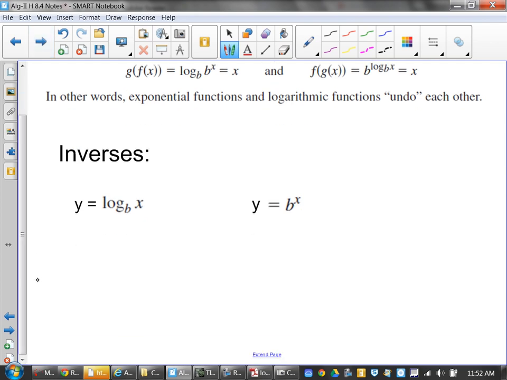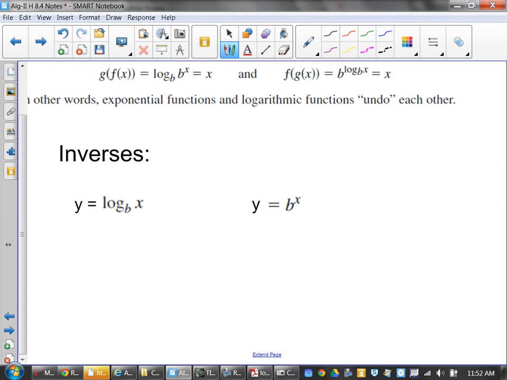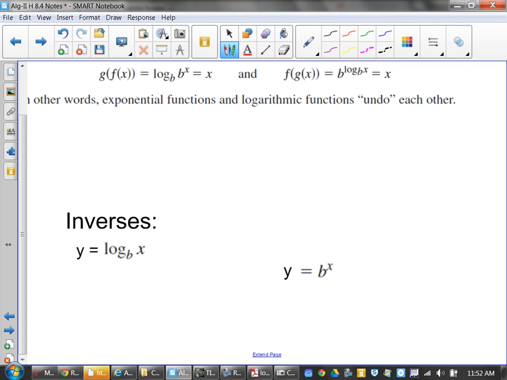Now, we've already talked about how the inverse stuff works, how logs undo, how you can undo a log. Let me show you exactly what's happening. If you have log base 3 of 3 to the x, that log has a base of 3, and the exponent has a base of 3. Everybody see that?